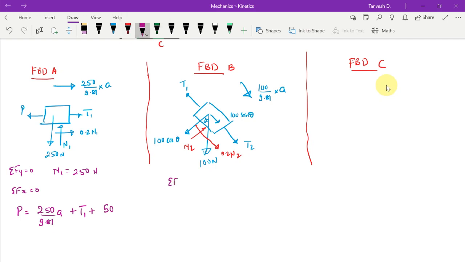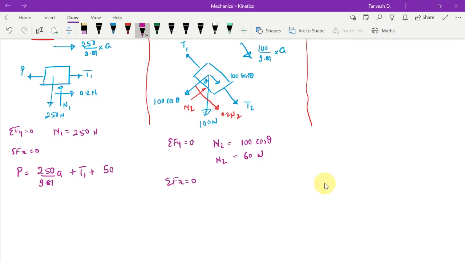So summation Fy equals to 0 will give me N2 is equal to 100 cos theta, which is 60 newtons. N2 is 60 newtons. So I have summation Fx equals to 0. This will give me, so this one and this one all are acting in one direction, and T1 and also this one, right?